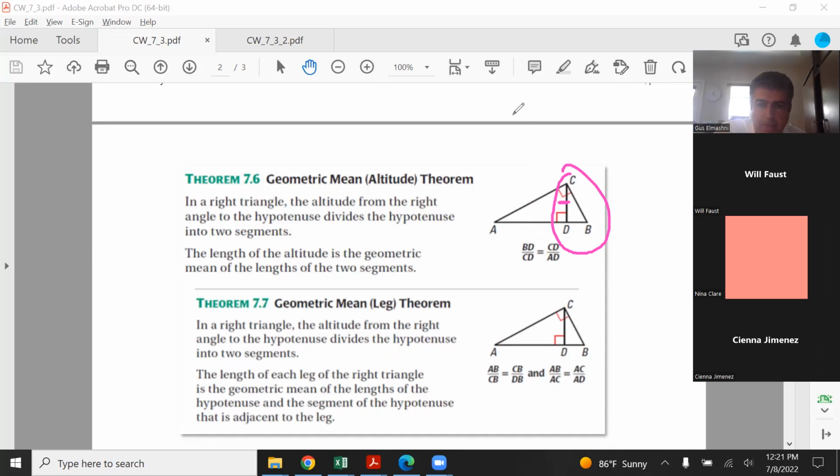So you can see how they do BD to CD, so small leg to big leg, and then we do CD to AD, small leg to big leg. If you cross multiply, you wind up getting BD times AD equals CD squared.